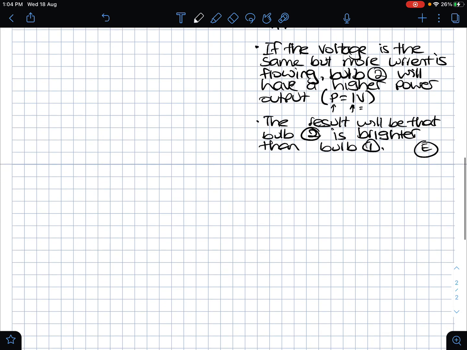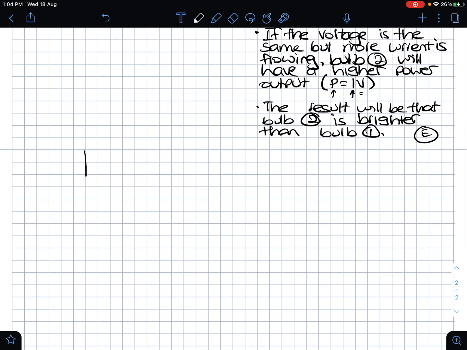Okay. Now let's have a look at the last part, which is also excellence. And I'm just going to redraw the circuit. Sorry, it's a bit messy.